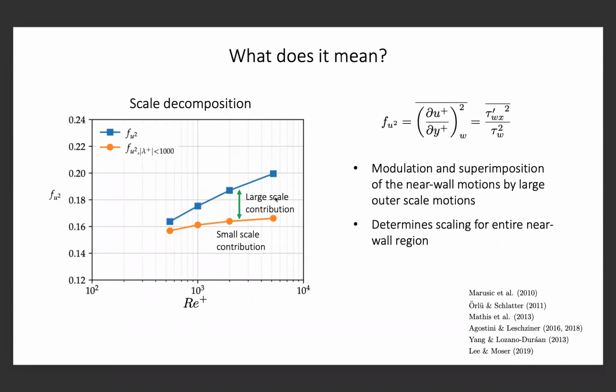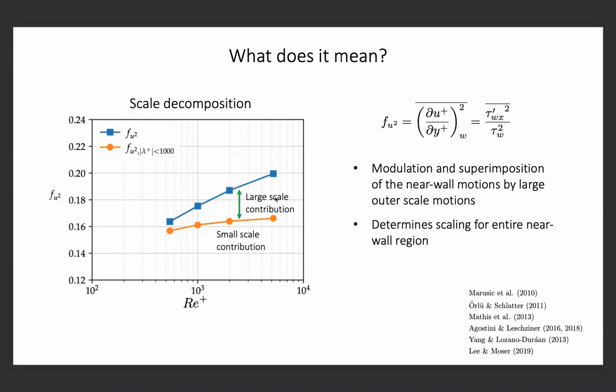So this is now the interaction between the large scales in the outer flow and the small scales near the wall. And this modulation and superimposition of the near wall motions by the large outer scale motions was really first developed by Ivan Marusic and his group in 2010.